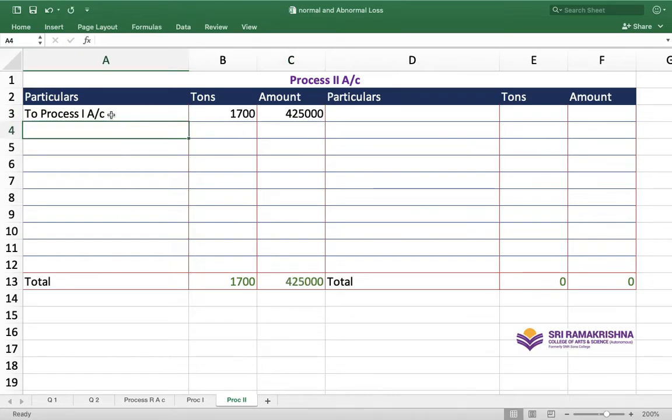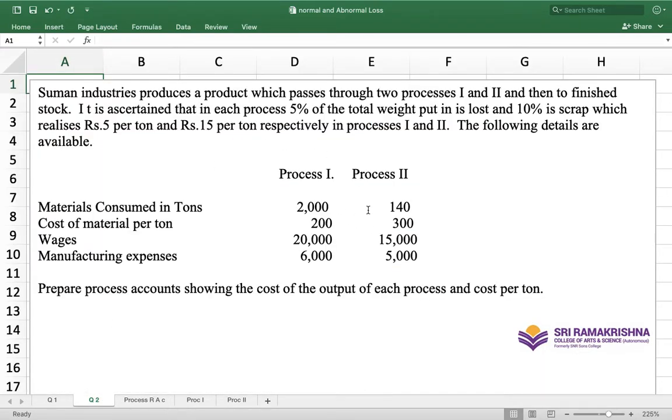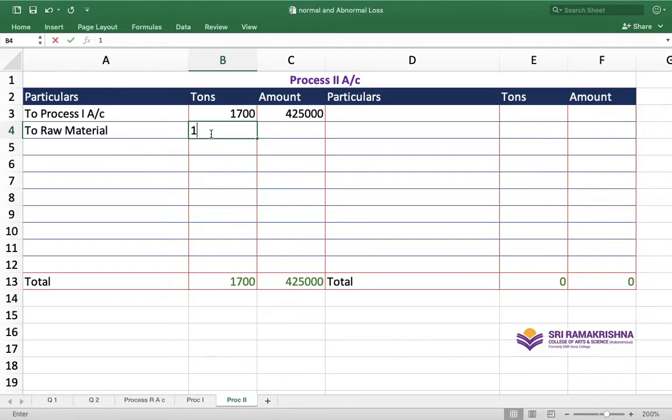Other than that, in process 2 itself, we have an input of raw material given in your question. The input of raw material is 140 tons and the value is 300 per ton. 140 tons at the rate of rupees 300, so it is totally 42,000.